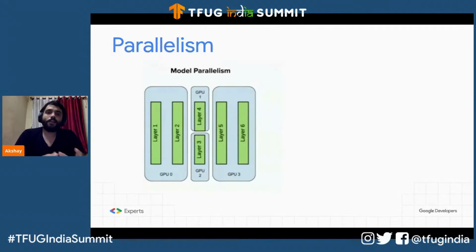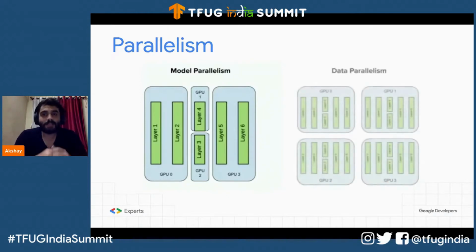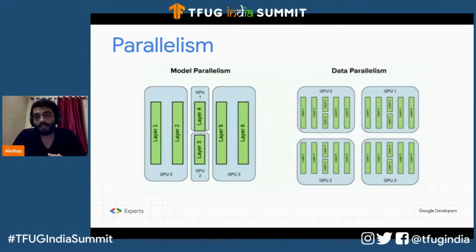And this technique is not very popular because it does not make a lot of sense, to be honest to me. Then there came a second technique, which is data parallelism, which means that each GPU has the whole definition of the model, or all the layers, and then we distribute the data among them equally, or depending on some sort of algorithm, and then based on that we perform our training.